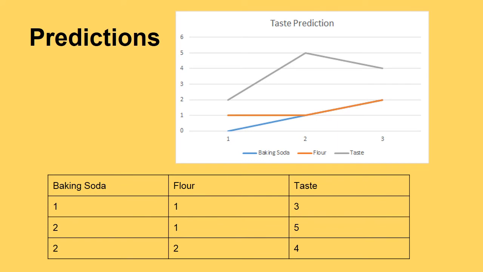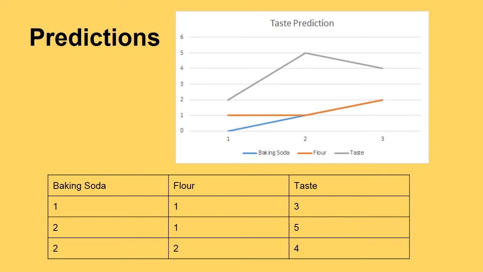Now we made predictions based on what we thought was going to happen. We thought that a low amount of flour and a low amount of baking soda would make a very undesirable taste, but still edible. More baking soda and not as much flour would probably give the best taste.